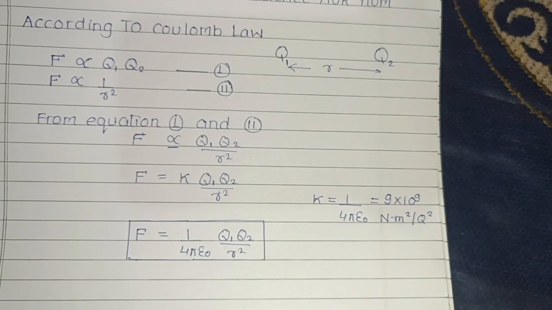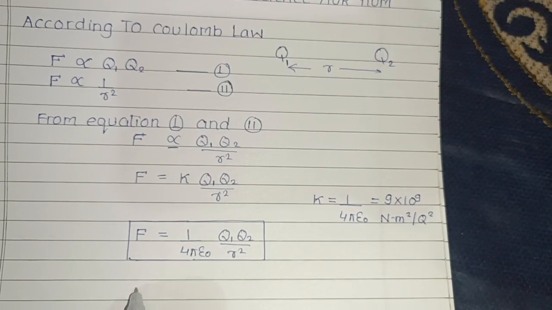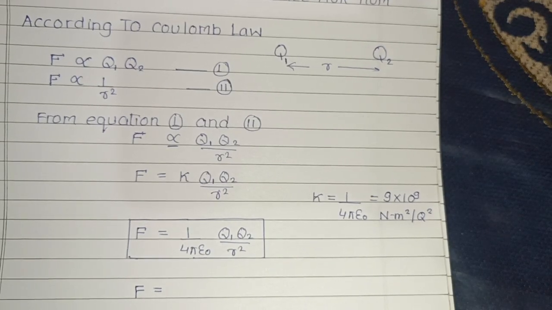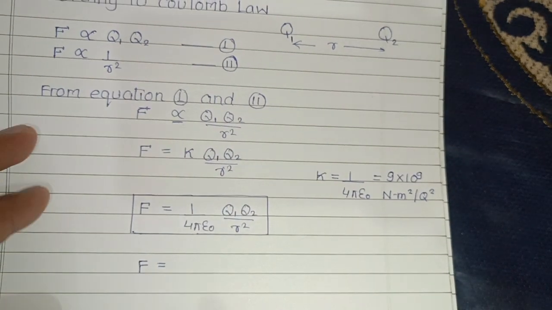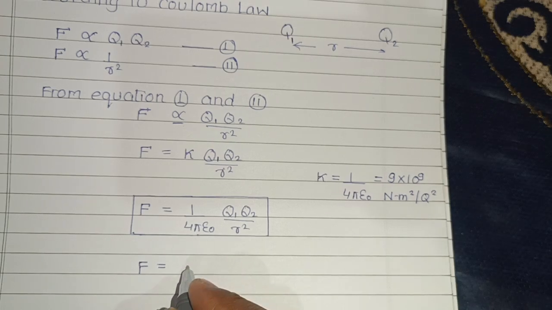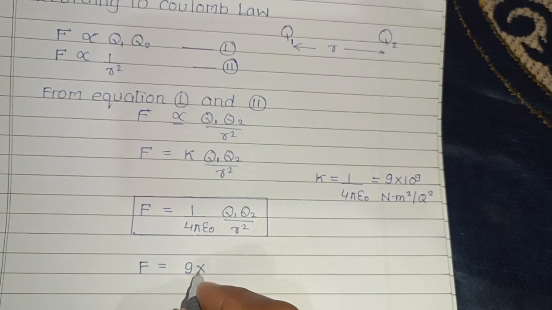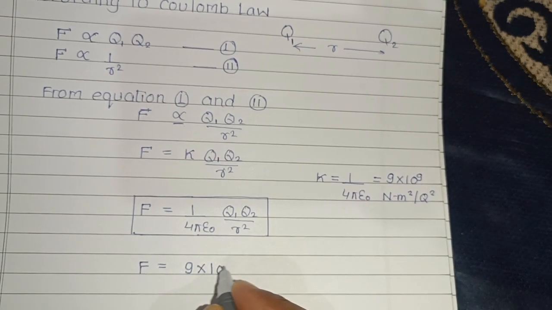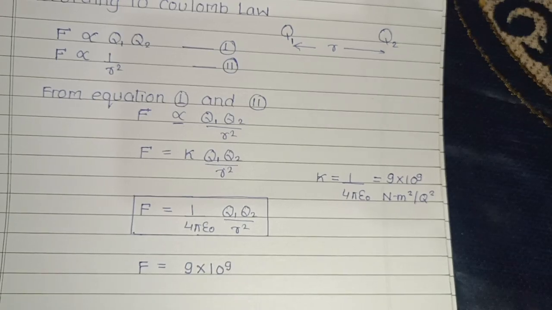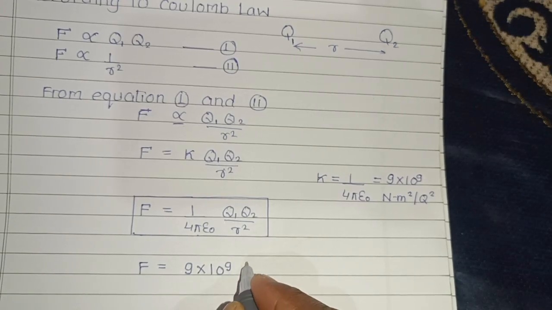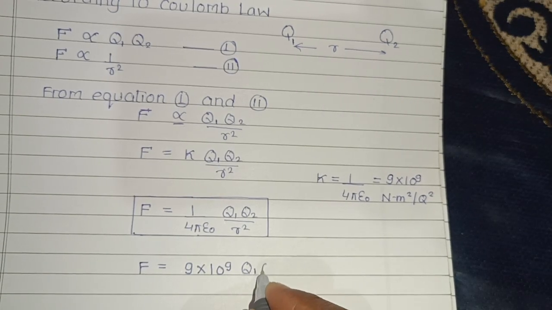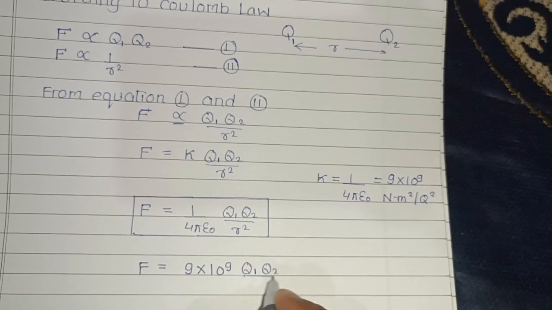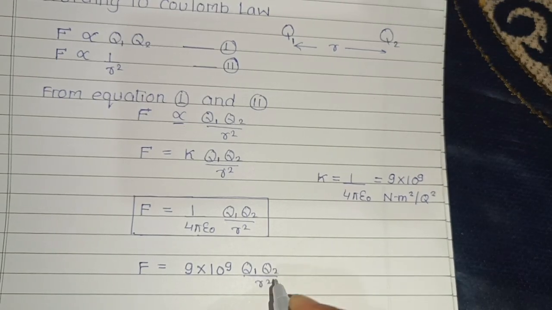Okay, so we can also write F is equal to 9 into 10 to the power 9 Q1 Q2 by R square.